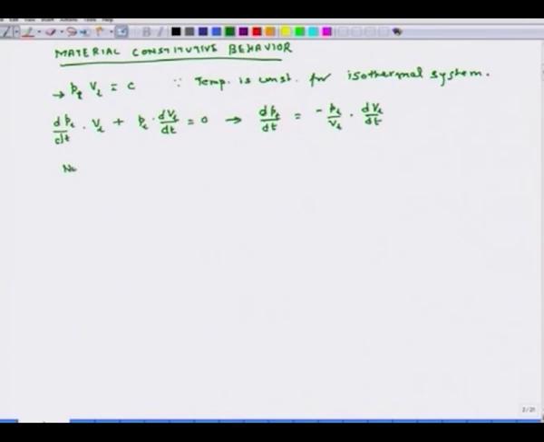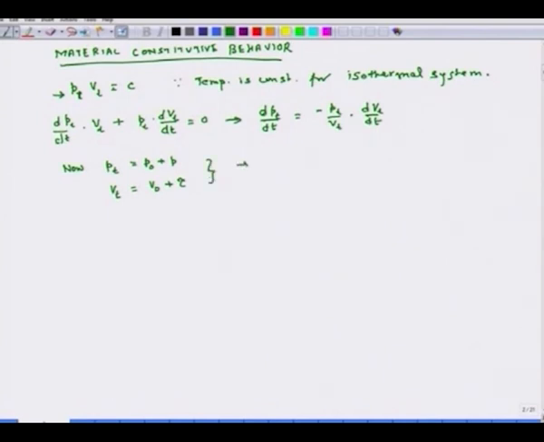Now, we know that Pt is the final pressure, and that is equal to the initial pressure, which is atmospheric pressure P naught, plus some incremental pressure. And please note that this incremental pressure is extremely small, and similarly Vt equals V naught plus tau.